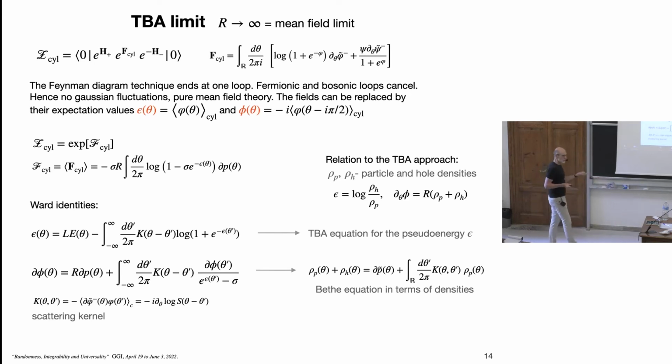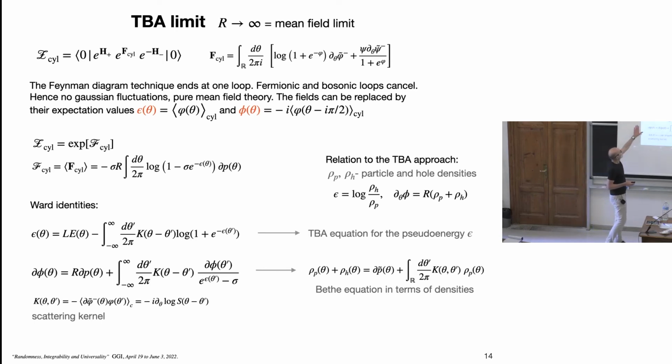Moreover, since we have bosons and fermions with the same propagator, we have bosonic and fermionic loops which cancel completely. So the theory becomes a theory of trees, no fluctuations at all. And summing these trees is just a mean field theory problem. So you sum that by a nonlinear equation, which is in this case the TBA equation.